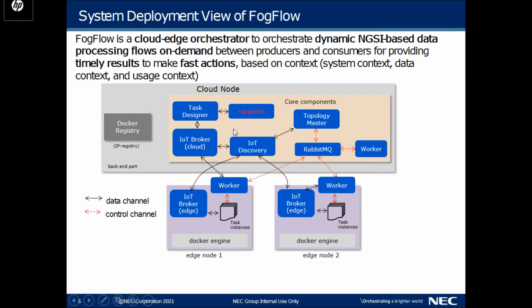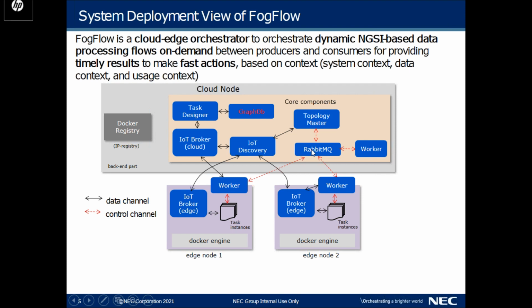In the cloud node we have several services like Master, RabbitMQ, Worker, Discovery, IoT Broker, and Designer. The broker in the cloud is the same as the broker in the edge, but in the cloud we have additional components like Designer. Designer is a dashboard for FogFlow, where the user creates control objects, and Discovery is for availability purposes.